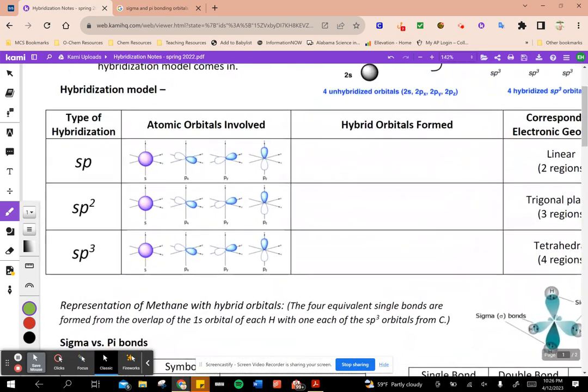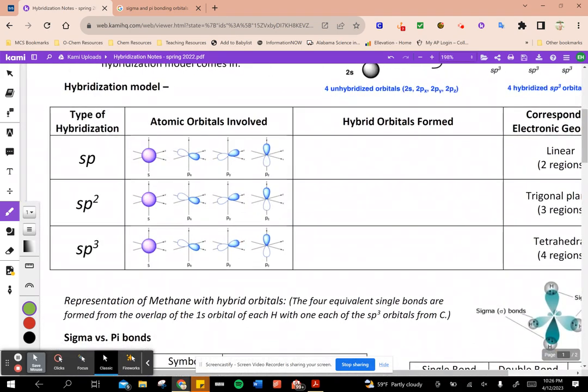Now, there are three types of hybridization: sp, sp2, and sp3. Where they get those names is from which types of orbitals they mix. So in sp hybridization, you're mixing an s and a p orbital. The rule of thumb is that however many orbitals you mix, that's how many new hybrid orbitals you form.